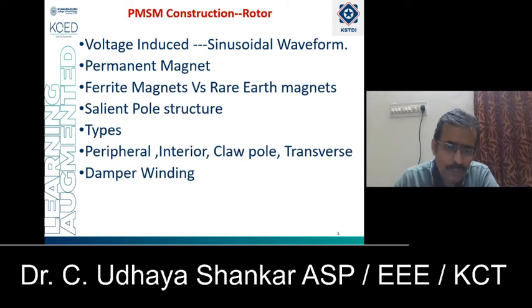The main purpose is to dampen the oscillations about synchronous speed, but the bars are also used to start the synchronous motor in many applications. The design and assembly of damper bars in permanent magnet machines are similar to other types of synchronous machines.